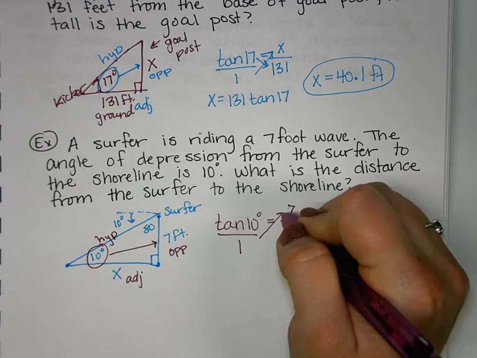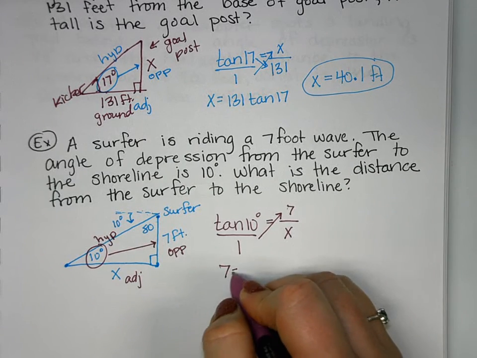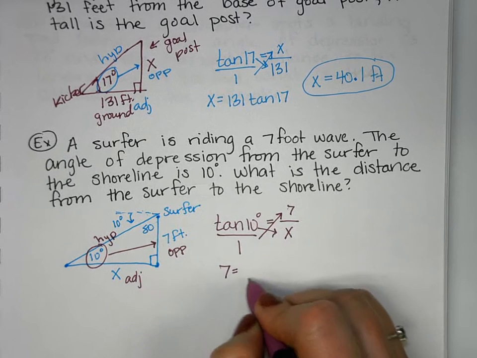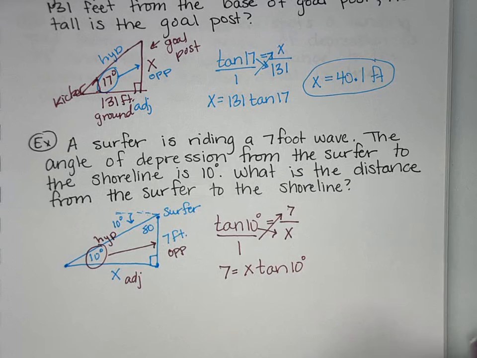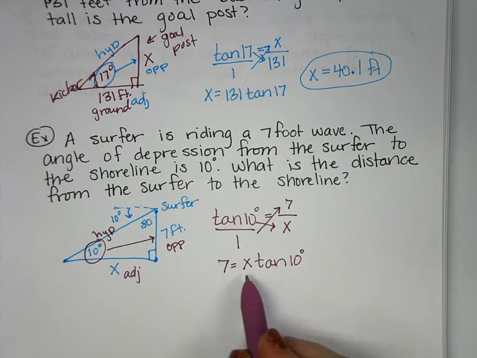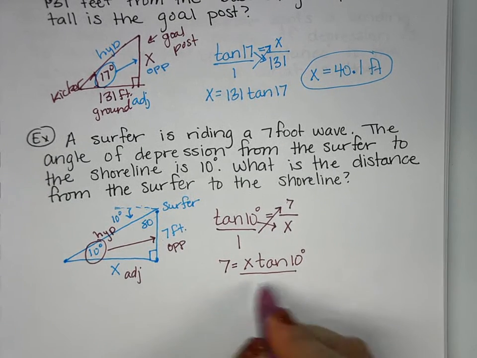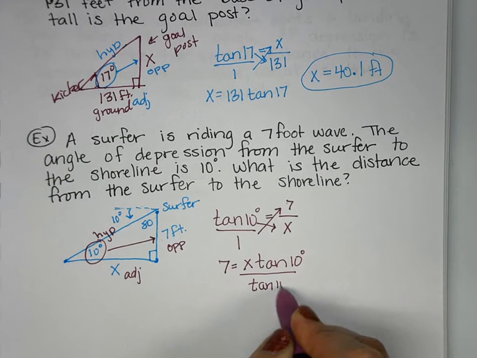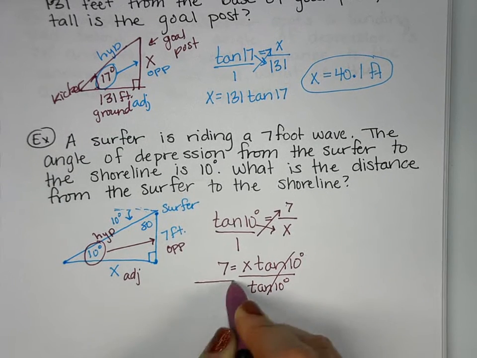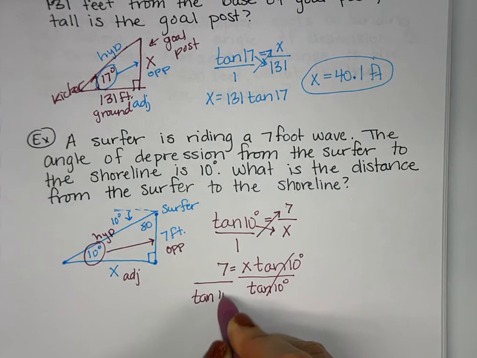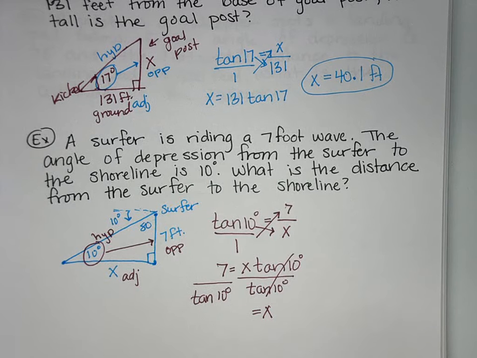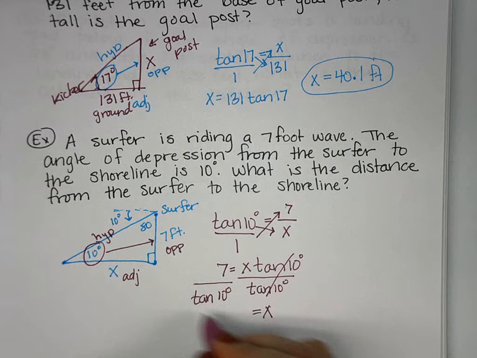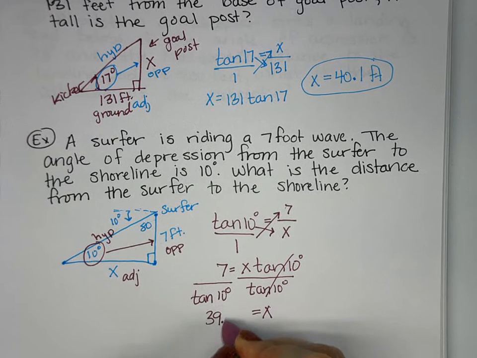So 1 times 7, and tangent 10 times x, we get x tangent 10. In order to get x by itself, we have to divide both sides by tangent of 10 degrees. And this is where we now type it into our calculator. 7 divided by tangent of 10. 39.7 feet.